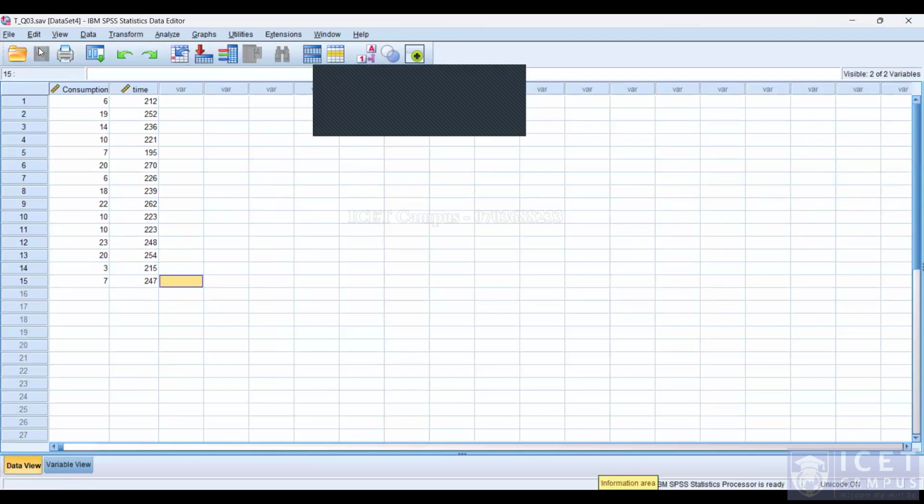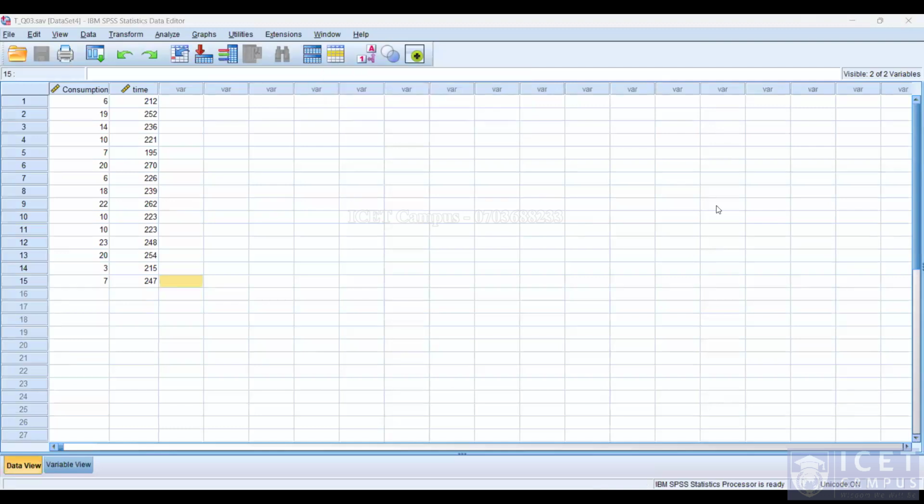Right. Then questions, draw the scatter plot. Then we can go to draw the scatter plot. Yeah, we know how to draw the scatter plot.